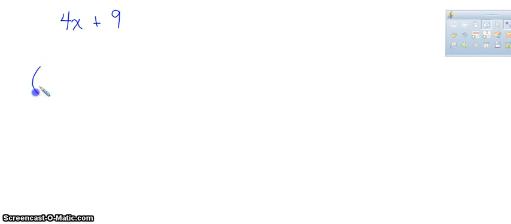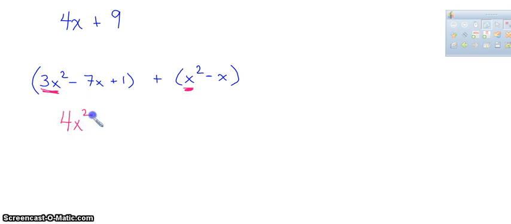Now let's try one that has three terms. 3x squared minus 7x plus 1, plus x squared minus x. You start with the one that has the little power, the squared term. So you have this one and this one that are the same. If I add them together, 3 and 1 gives me 4x squared.